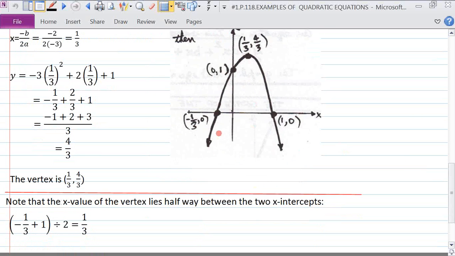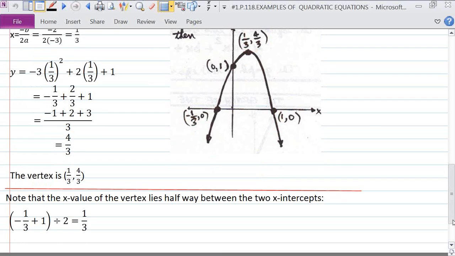So, go over this again. Axis of symmetry, dotted line going down the middle here, x equal to a third. Here are the x-intercepts, here's the y-intercept, and here is the vertex, which is a maximum point. Notice that the x value of the vertex, 1/3, lies halfway between minus a third and 1.